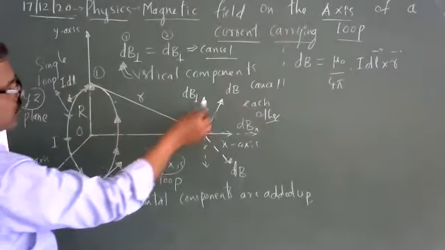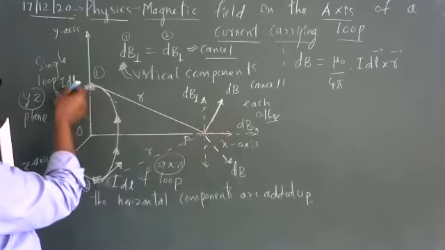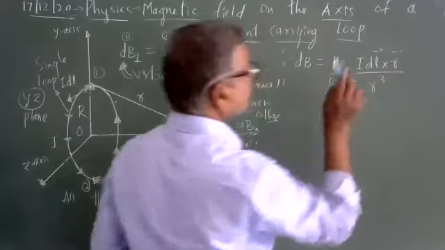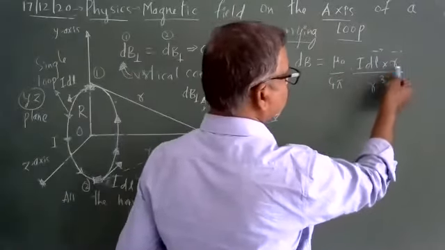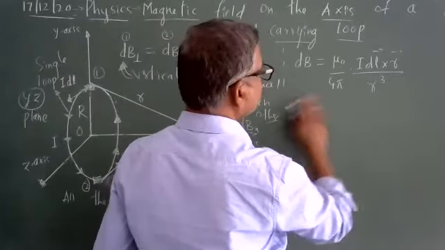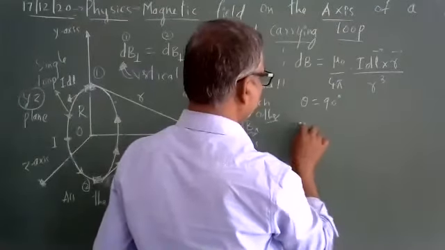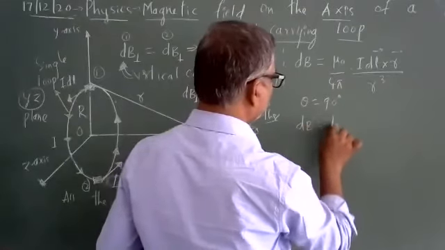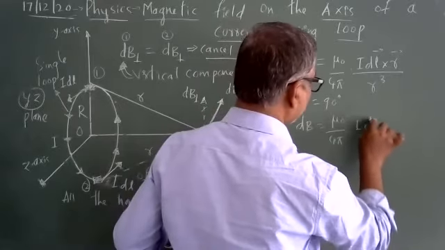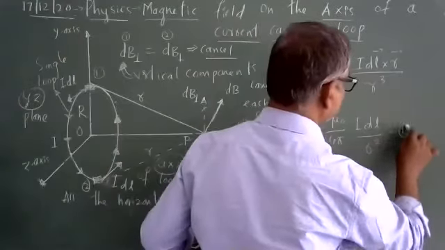It has a cross product because the direction of dB is dictated by the cross product of I dl into R. In the denominator, you have R cubed. Since theta is 90 degrees, dB equals mu 0 divided by 4 pi, I dl divided by R squared. Call this equation 1.